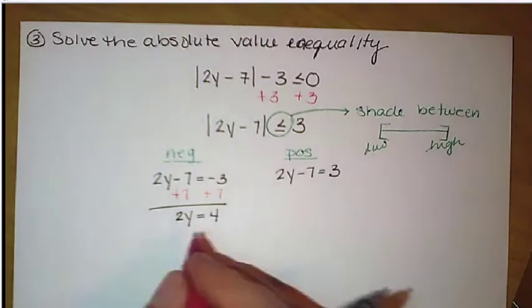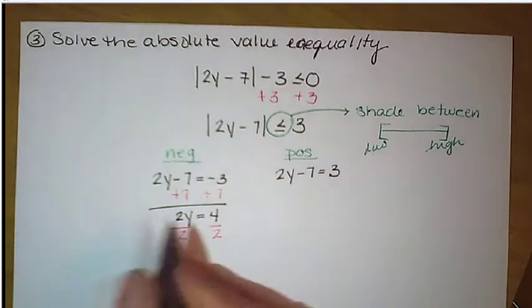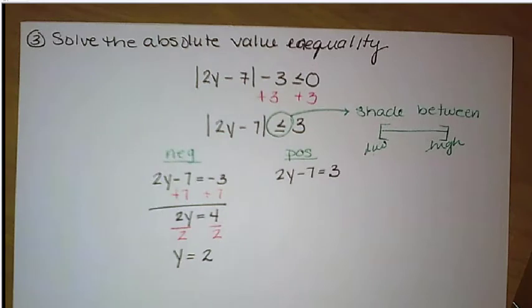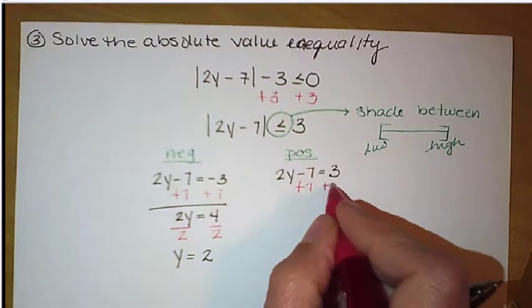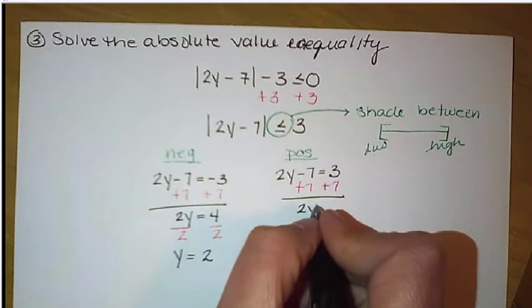Then we're going to divide both sides by 2, and y is going to equal 2. Do the same thing over here on our positive side. Here we're going to add 7 to both sides. So 2y will equal 10.